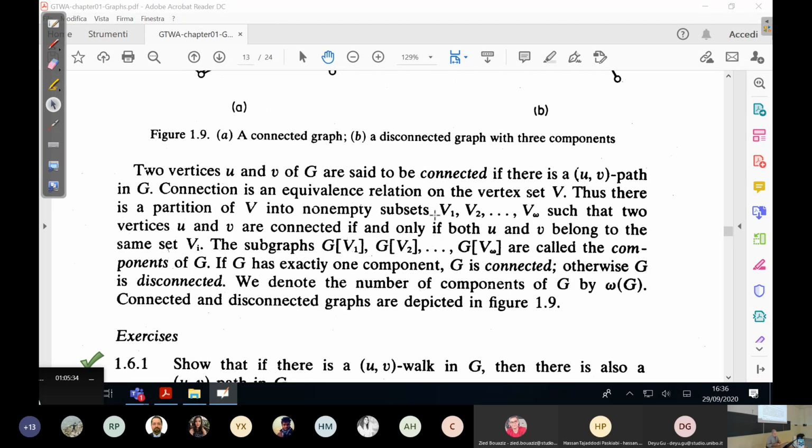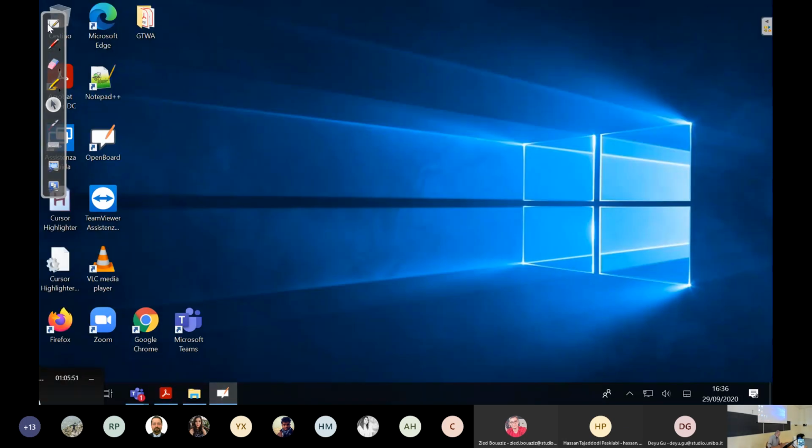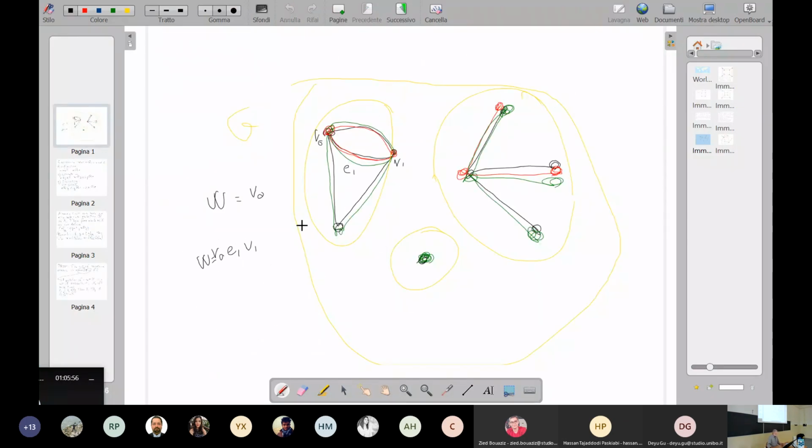Okay, but this means that you must be very well acquainted with equivalence relations and partitions. Another way of looking at exactly the same thing is what I said here. Let's use it as a proposition. The definition we already have. So let's assume it as a proposition.